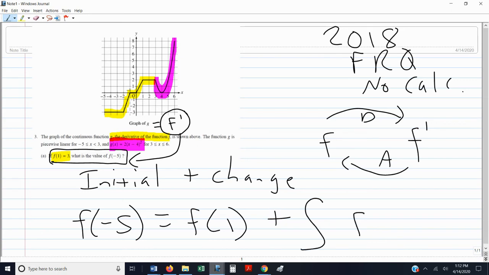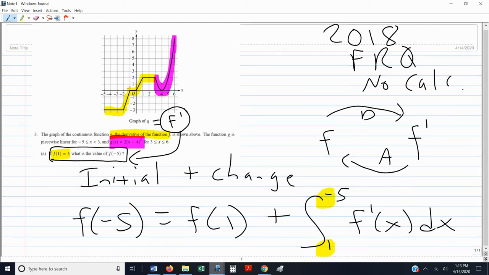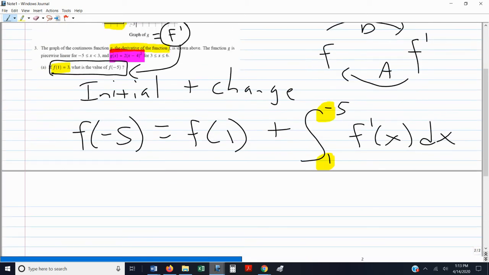So I'm going to do the antiderivative of f prime, because that's going to bring me back to the f function. And then think about what that upper limit and the lower limit should be. This is a little bit strange here. So the lower limit is 1 and the upper limit is -5. So this is going to be the formula that we're going to work from.